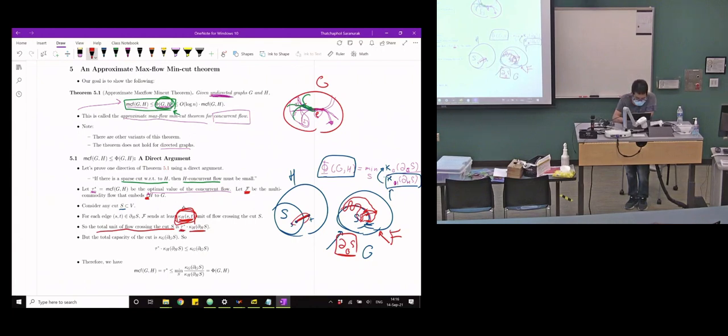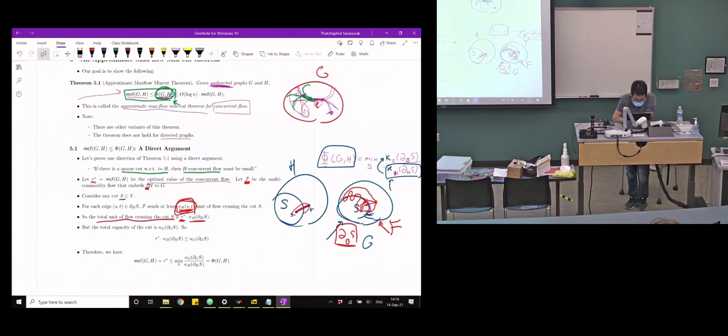If you sum over all demands, this is just the total demand that crosses the cut.